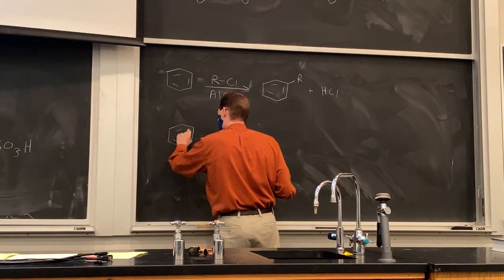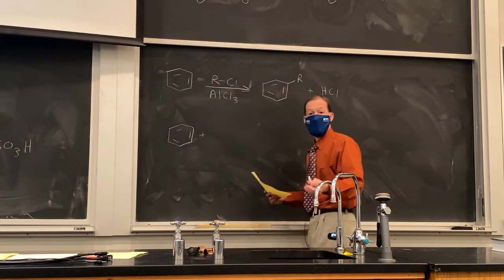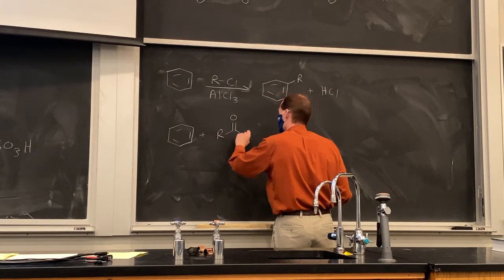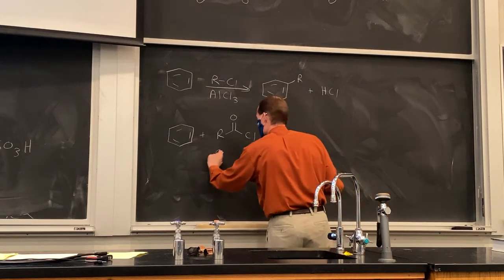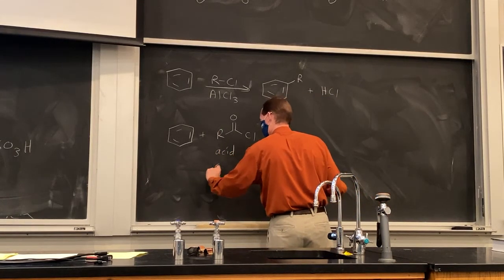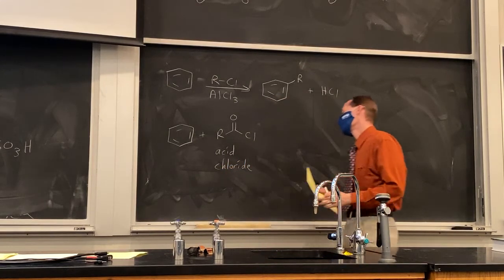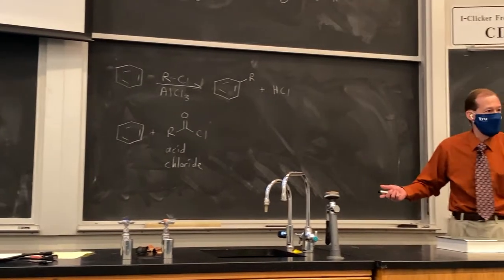Okay. So in a Friedel-Crafts acylation, instead of using an alkyl chloride, we use a molecule called an acid chloride. Now, you might be asking, where's the acid?